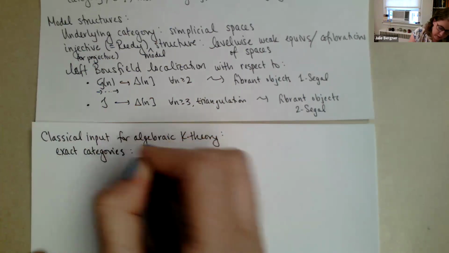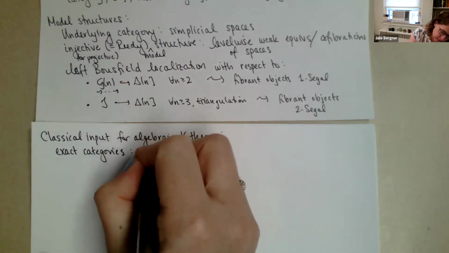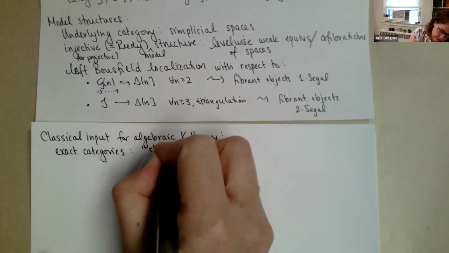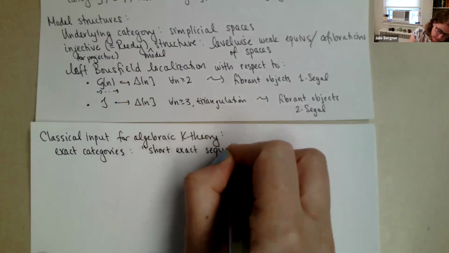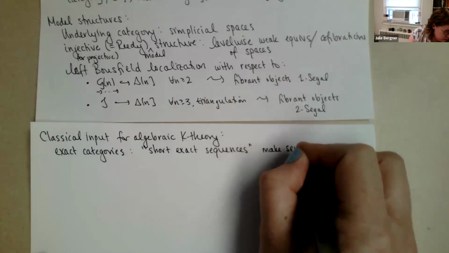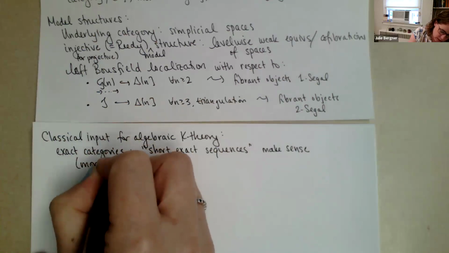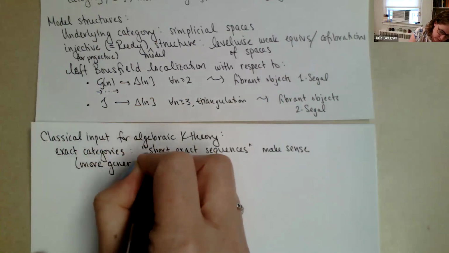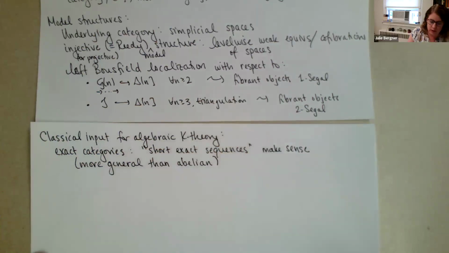I'm not going to go through the formal definition of them, you should think of this as something in which short exact sequences make sense. They're more general than abelian categories, and momentarily I'm going to spell out what part of this I care about.